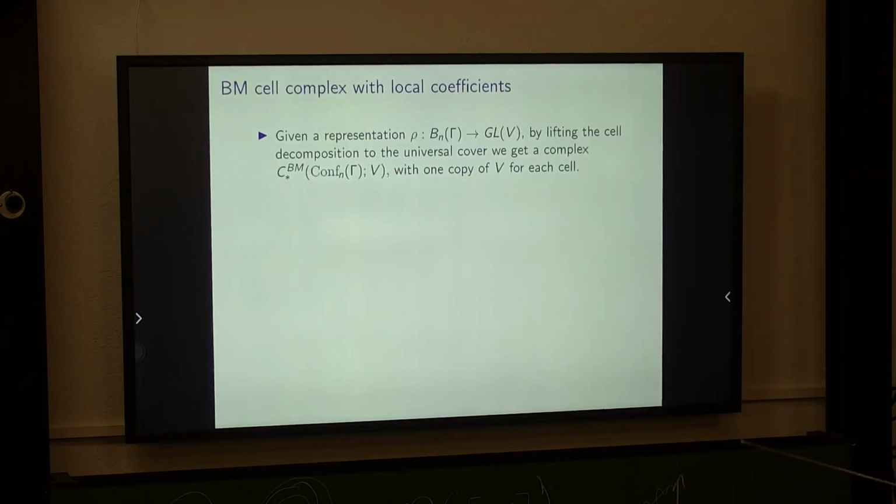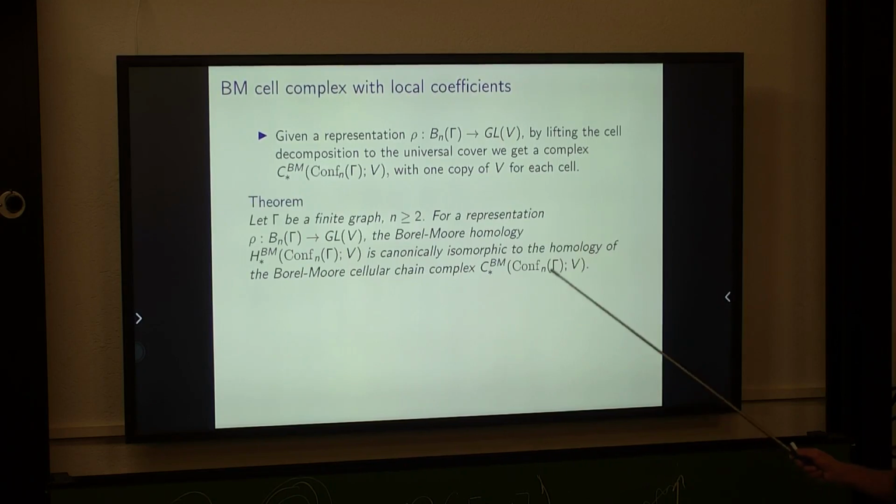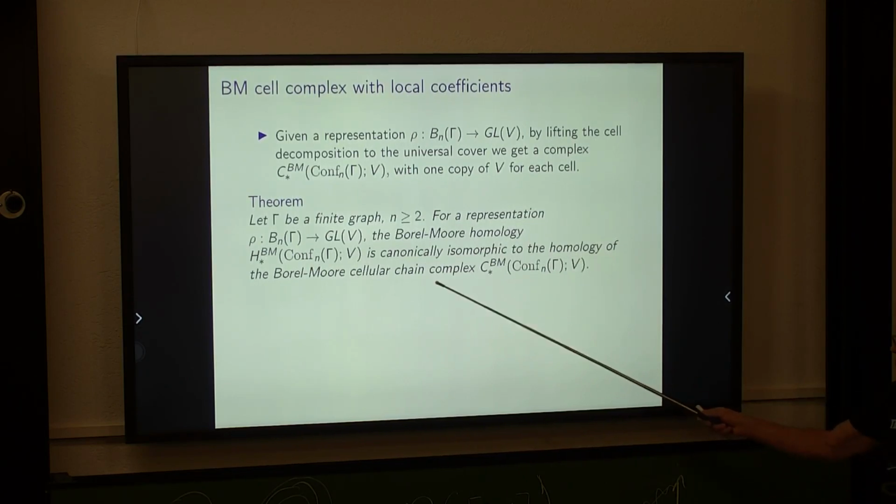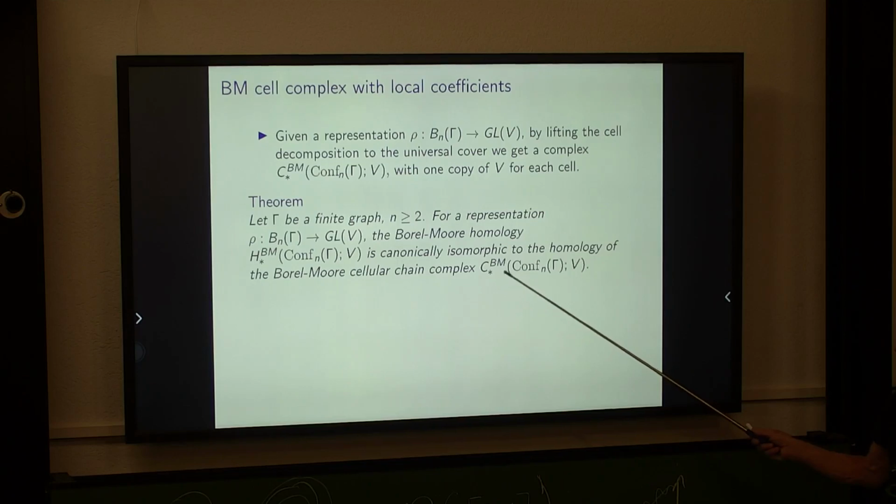So with local coefficients, if you have a representation, you can lift the cell decomposition to the cover and play as usual. And you get a complex where your incidence sign is corrected as usual by an element of the deck group. And this way, the Borel-Moore homology is canonically isomorphic to the homology of the cellular chain complex.